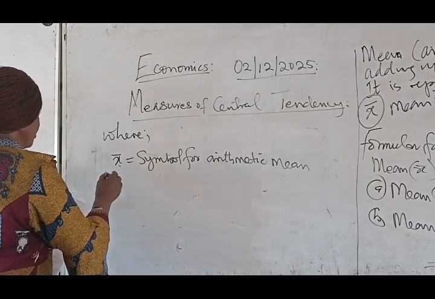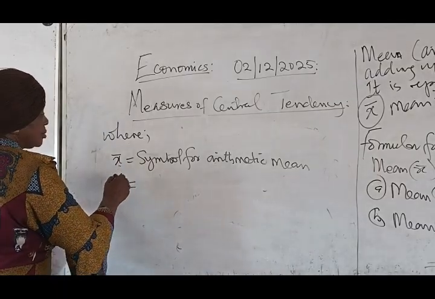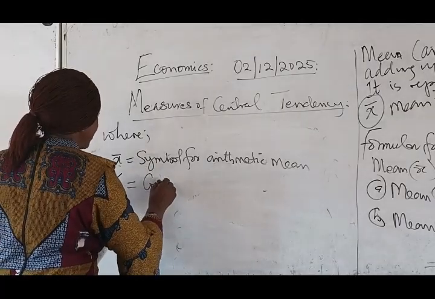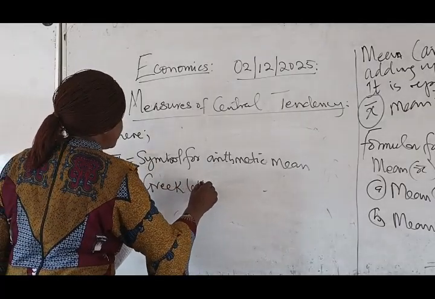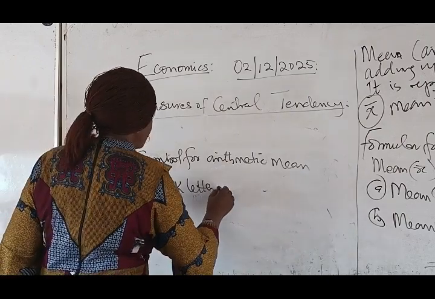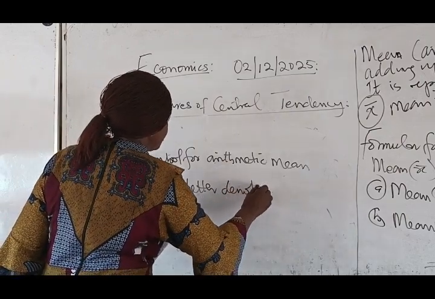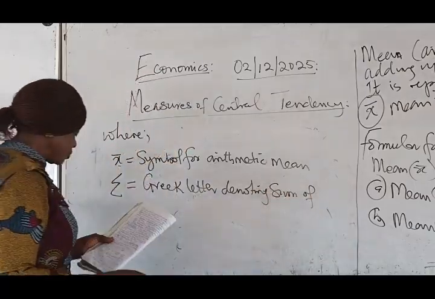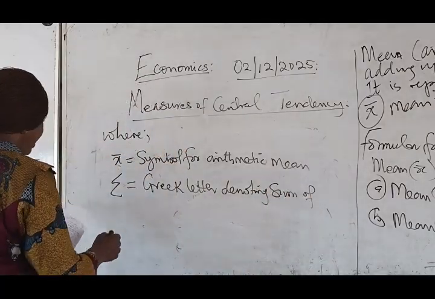Then, this symbol is a Greek letter denoting sum of. That is summation. Then we have the x.